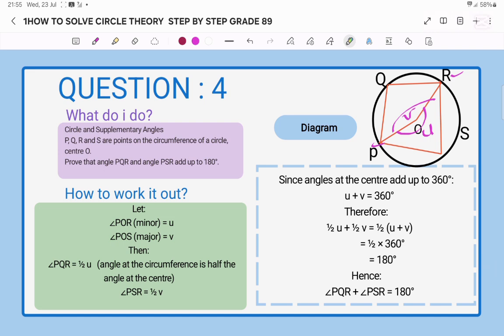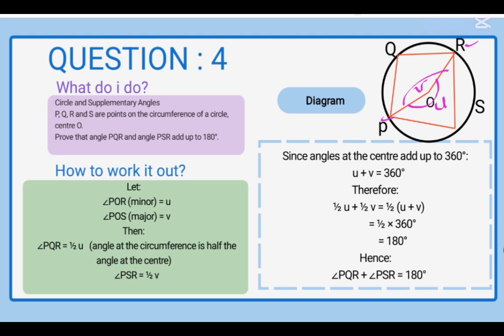So we established that this is correct. Also, angle PSR is equal to half of V, because the angle subtended at the circumference is half the angle subtended at the center.